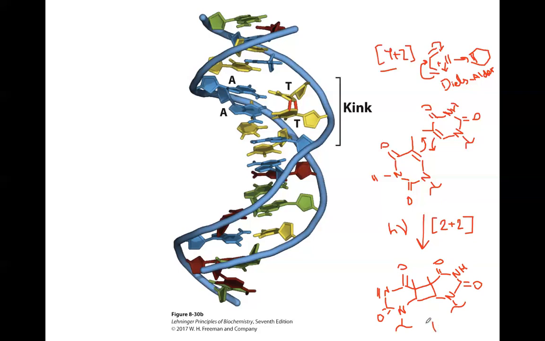So a T dimer. And so not only does it link the 2 bases together, it also introduces a conformational change in the DNA. So there's some kind of a kink here because these 2 bases come together, and that actually makes the DNA change its conformation and kind of move in this direction slightly.